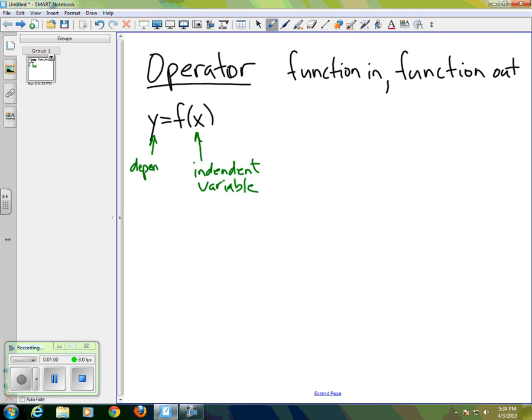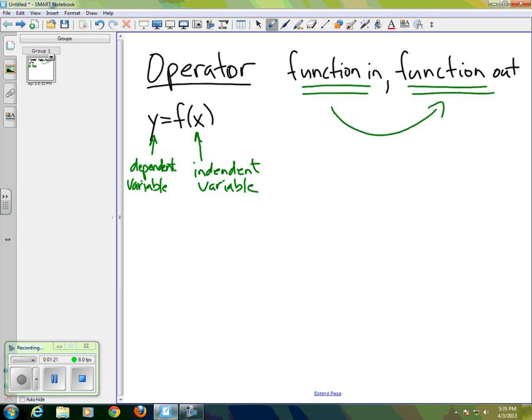So we only have two variables for the kinds of functions we're working with. They take in one value and they give one value out. So the value that goes in is the independent variable, the value out is the dependent variable. And when we're working with operators, we have a function in and a function out, okay?